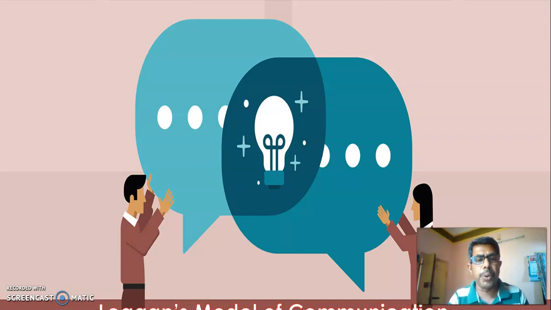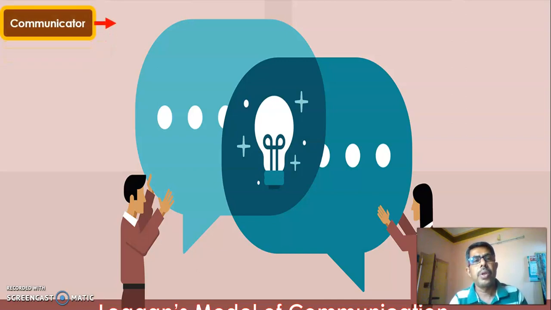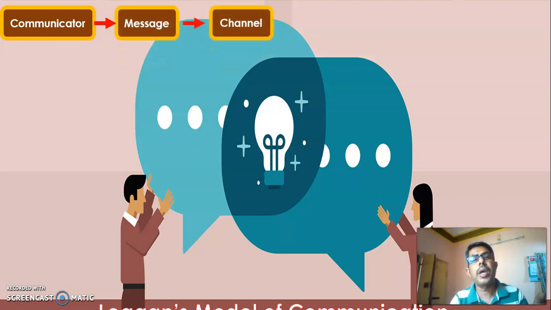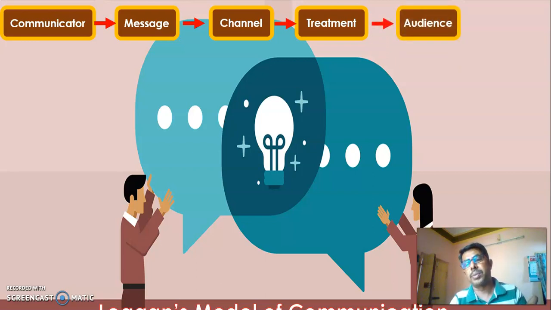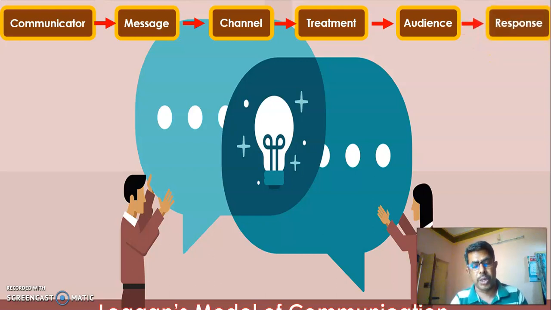So, Leagans' model of communication. As we already discussed in the classes, Paul Leagans is the father of extension education. He also proposed one simple linear model. Instead of using the word source, he named it the communicator. The communicator has a message and chooses a channel, and after choosing the channel he treats the message accordingly, depending upon the channel he chooses. It is communicated to the audience, and finally the audience has a response.